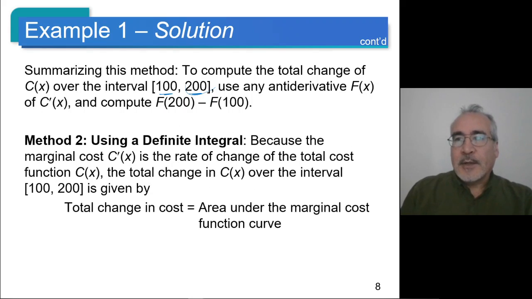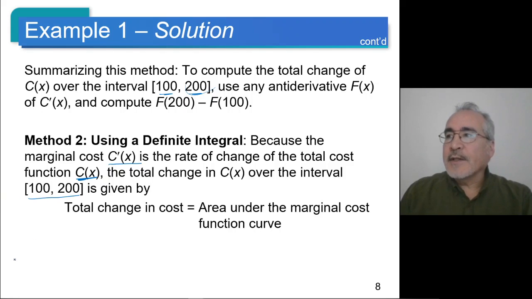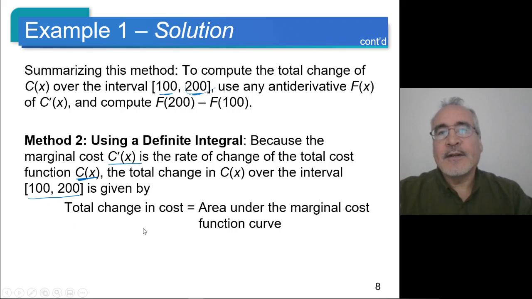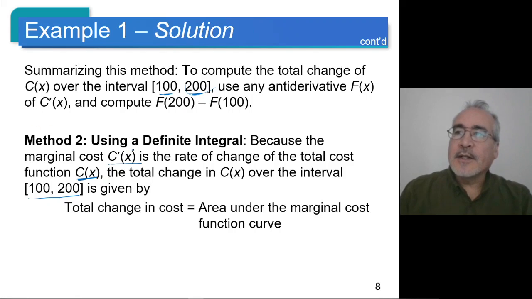So the process is starting with the derivative, find its integral, which is, in this case, the cost function. Look at the boundaries we're given, the interval. Then that change of cost is the area under the marginal cost curve. So another way we could have done it, we could have graphed the marginal, the derivative, found the area underneath the curve. We would have got the same answer.